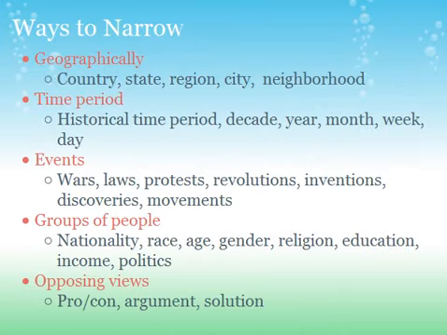So yes, that's narrowing. There are other ways to narrow, such as geographically, by time period, events, groups of people, or opposing views. You could take Greek civilization and find aspects of geography, time periods, events, groups of people, and you could create paper topics on all sorts of different areas of Greek civilization using these narrowing categories, such as how women were treated in ancient Greek society.